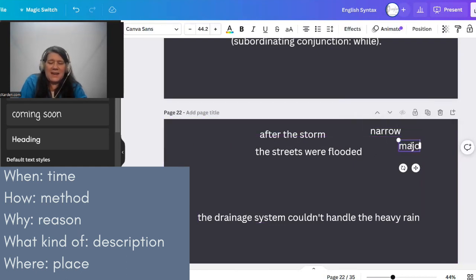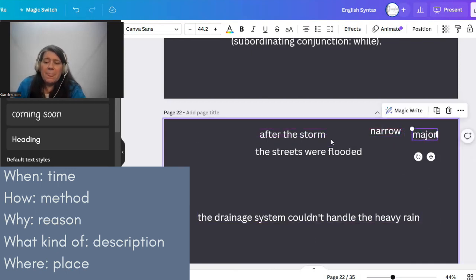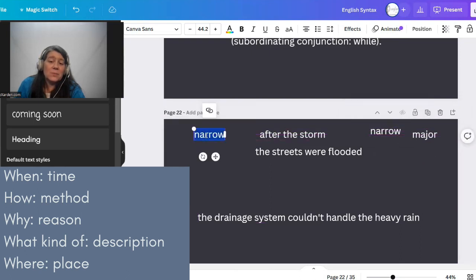We could say it was a major storm. And how was it flooded? That's a verb, so we need an adverb. It was heavily flooded.